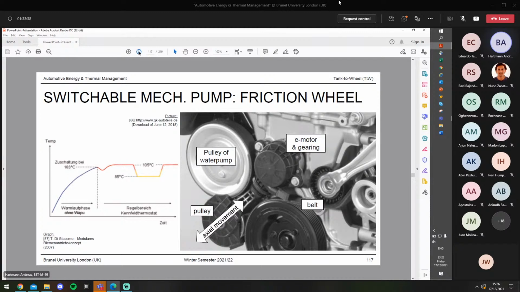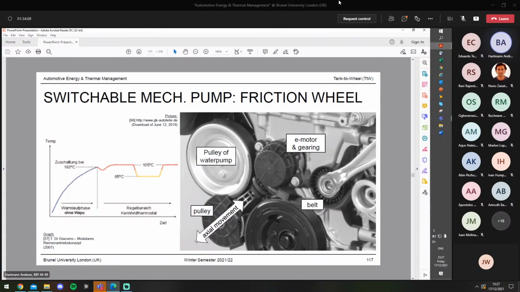wheel. So as long as the coolant temperature is still low, the water pump, the coolant pump, is not running at all, and only if you need it, you apply an axial movement to a so-called friction wheel, which is a pulley between the pulley of the water pump and the belt drive.